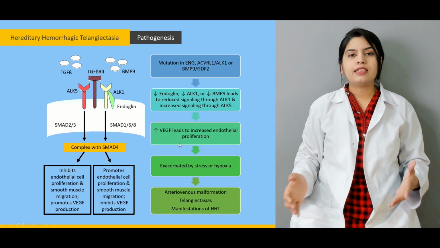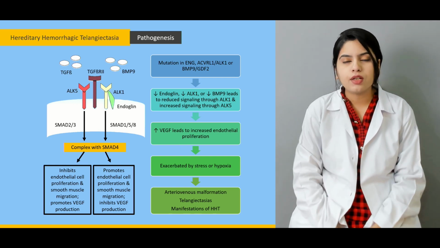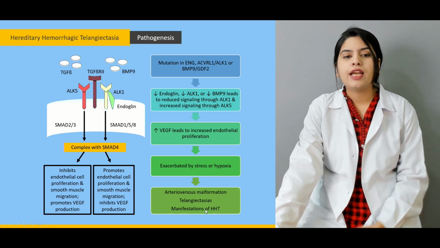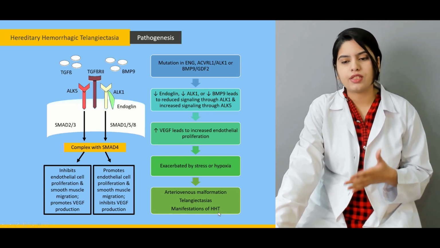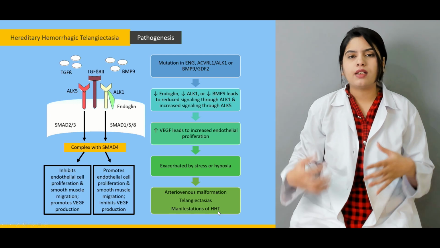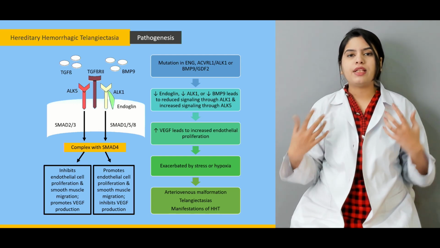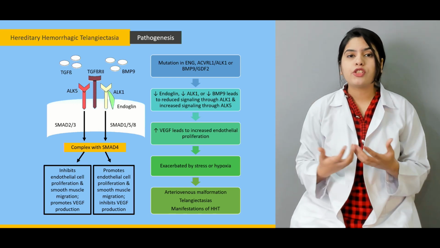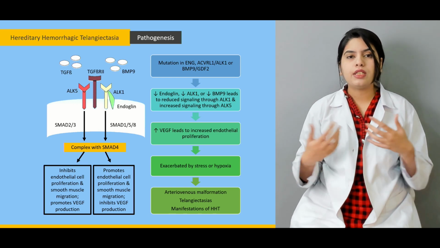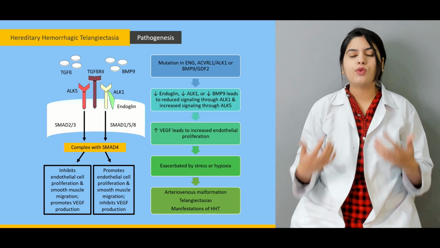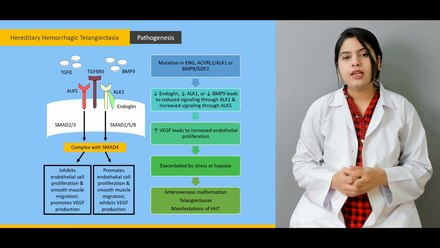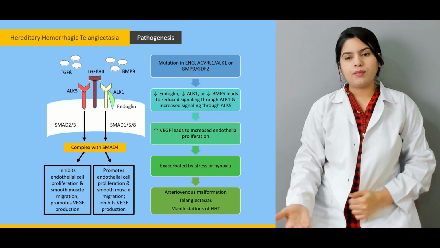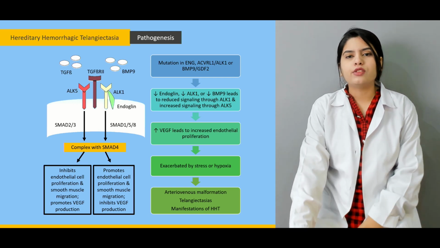And the end result is arteriovenous malformation, telangiectasias, and manifestations of hereditary hemorrhagic telangiectasia. Basically, when the arteries and vessels are defective, obviously there will be a hindrance in the coagulation process, the hemostatic process. They are more prone to bleeding and vascular damage, and that's why hemorrhages and bleeding will occur because of this disorder.